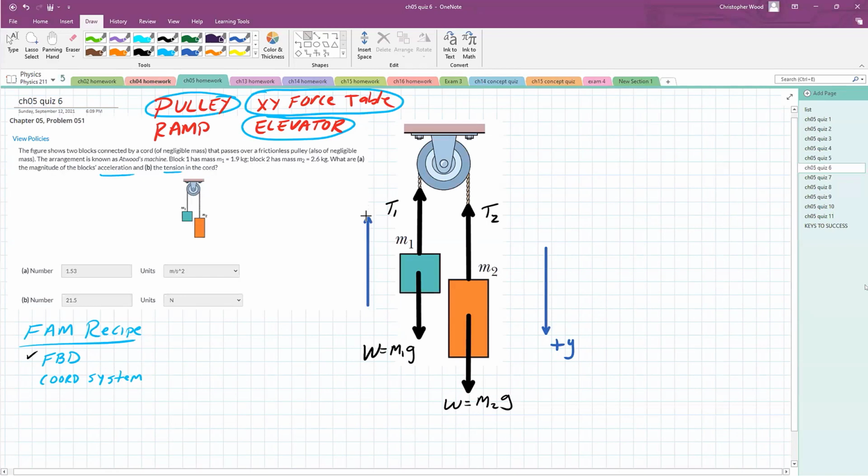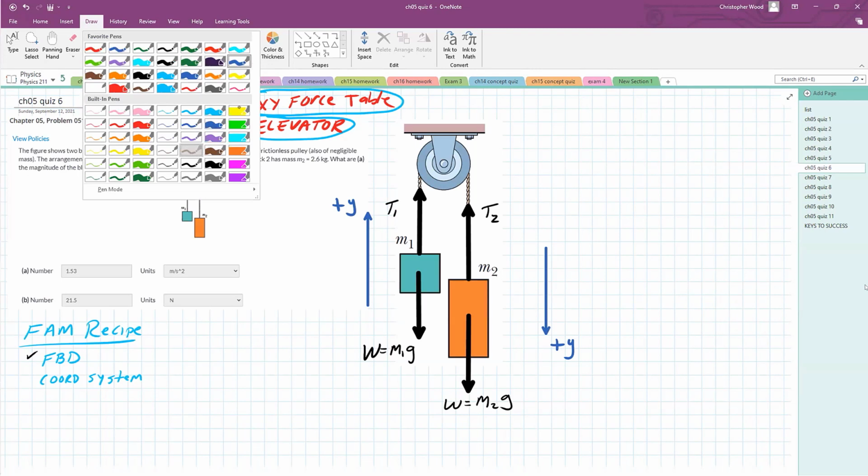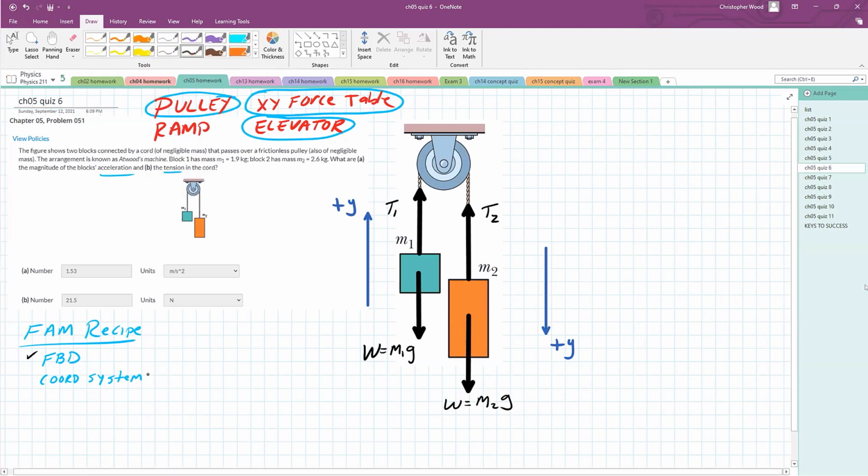So let the acceleration guide you in your selection of coordinate systems. I need to say that a whole bunch of times because it's not the world's most sophisticated thing, but it's easy to not take seriously. Use acceleration as a guide, which I did.